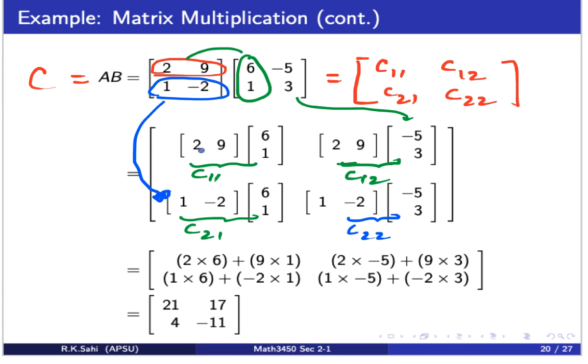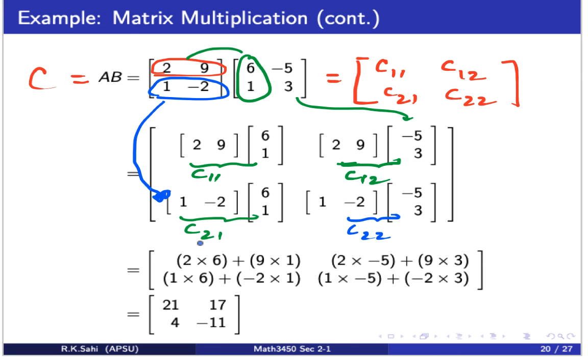And we have already learned that if you have a row vector multiplied to a column vector, you multiply 2 with 6, 9 with 1, and have an addition in between. So 2 times 6 is 12, 12 plus 9, 21. Then C12 is going to be 2 with negative 5, negative 10, plus 27 gives us 17.